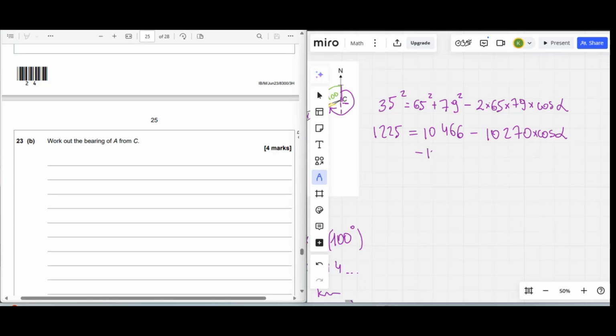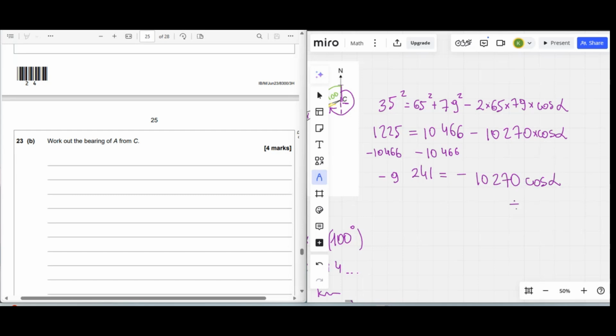Okay, let's deduct this bit from both sides. 1225 minus 10,466 is negative 9,241, equals negative 10,270 cosine alpha.